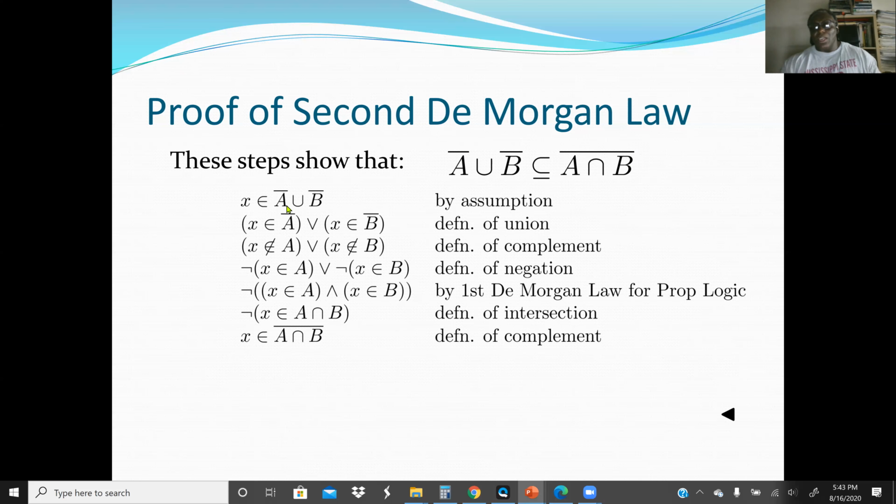So we start with A invert union B invert. We know S belongs to A invert or S belongs to B invert, union is or. And this means S doesn't belong to A. If S belongs to A invert, it means S doesn't belong to A. The same thing applies here. We have B invert, so S doesn't belong to B.